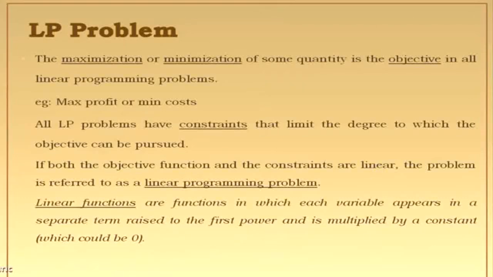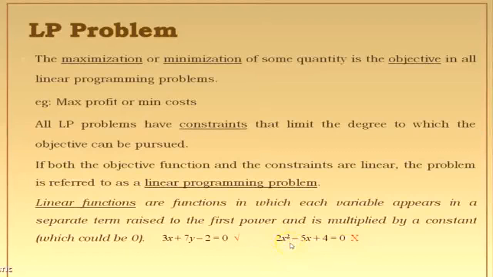Linear functions are functions in which each variable appears in a separate term raised to the first power and is multiplied by a constant, which could be 0. This function is a linear function because both variables are in different terms, while this function is not linear because the power of x is 2.